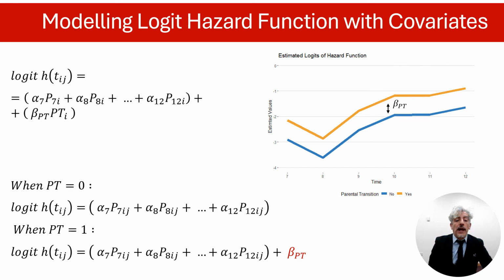This is consistent with the goal of creating models where the logit hazard functions of different covariate values have the same shape and the distance between them is constant across time periods.